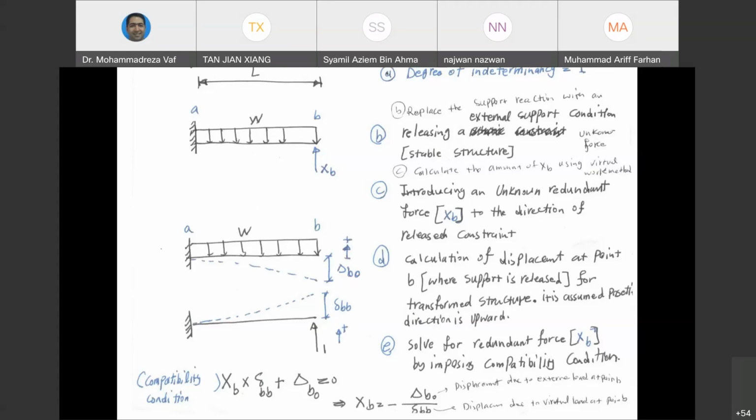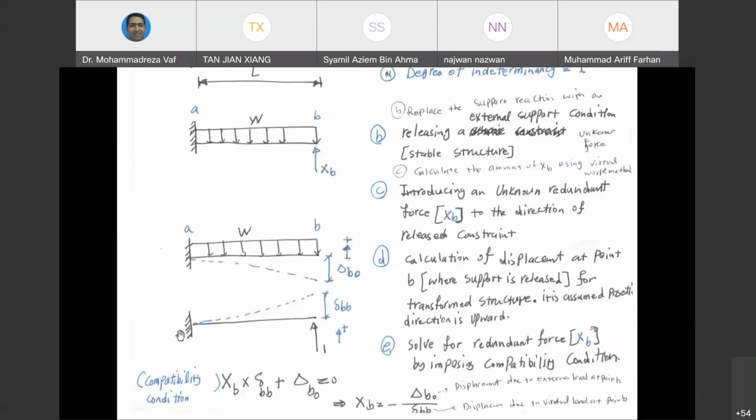Before I go to the example, I just want to highlight two important things. If you want to analyze a structure through the force method, you need to select one redundant support reaction, and that redundant support reaction is going to be removed from your structure to make it a determinate structure. Then you need to calculate the deflection due to the external force that you have.